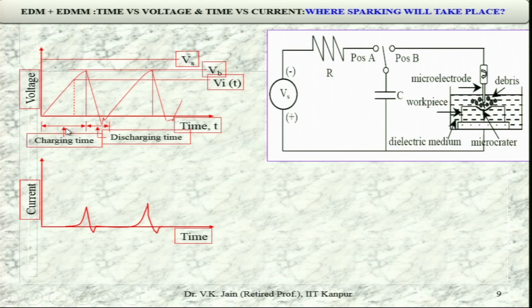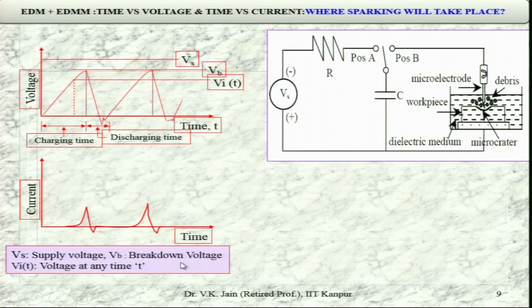So you can see charging time and discharging time, and once discharging is over, again it starts charging and then discharging. So this is the voltage variation with time, and current variation with time is shown here. As soon as discharging starts, current starts flowing, and once the discharge is over, then current stops and it becomes 0. Then again it restarts and becomes again 0.